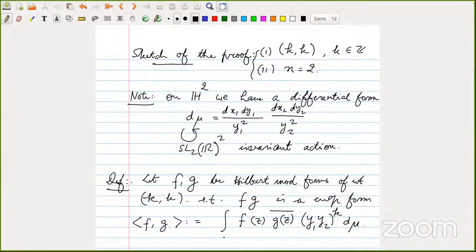This is completely analogous to the case of elliptic modular forms, and this integral is over the fundamental domain, which I have not quite defined, but there is a fundamental domain here also.